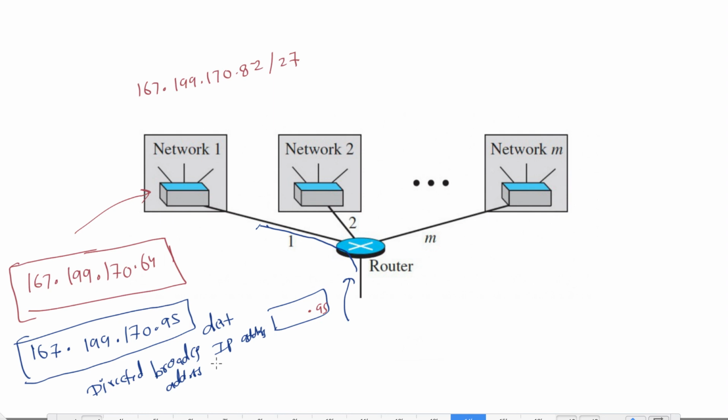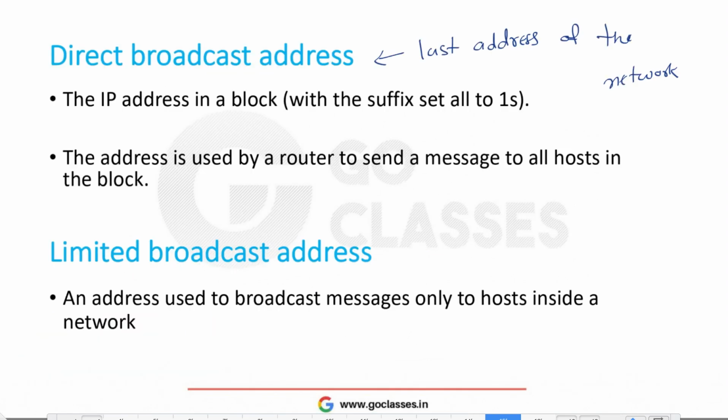That's why it is called a broadcast address. Broadcast address means this will get transmitted to every host within the network. This address is used by a router to send a message to all hosts in the network. This is called the direct broadcast address.